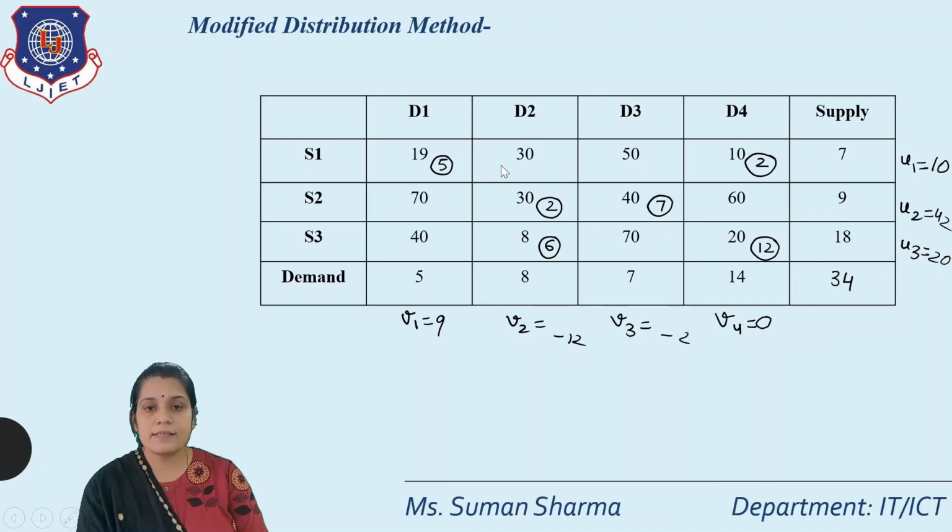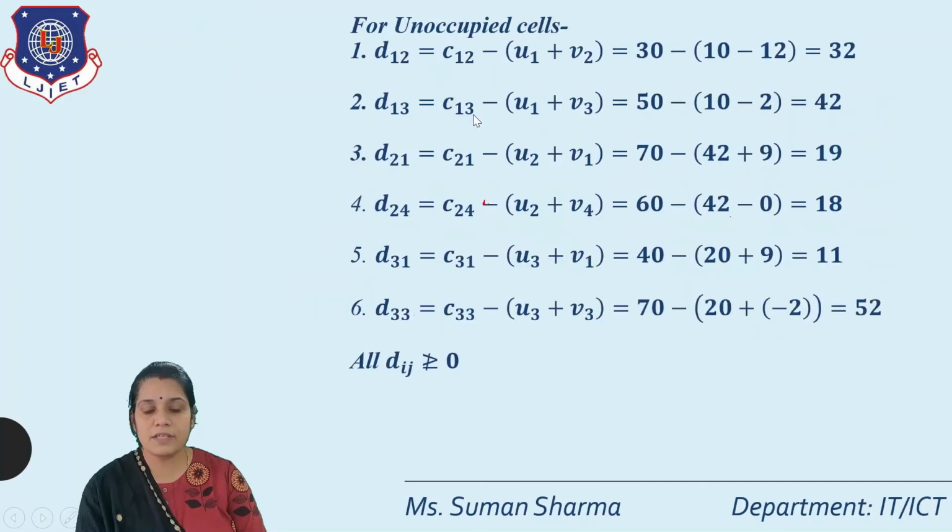First, you write them in the form of C12, C13, C21, C24, C31, C33. Okay, and put in all these values and we get the values of the Dijs. So see here, all the Dijs are greater than or equal to 0.